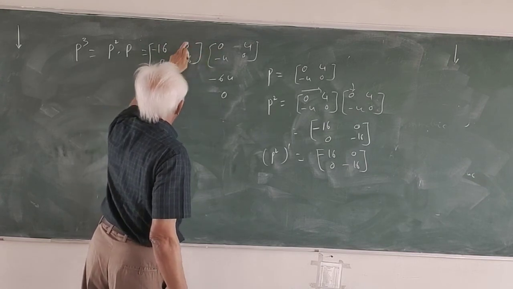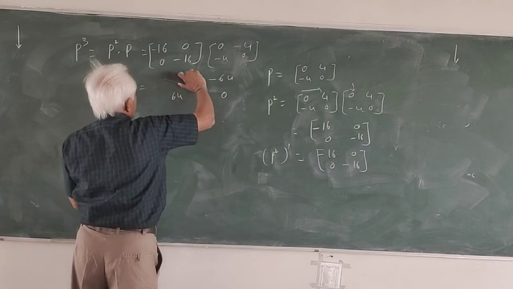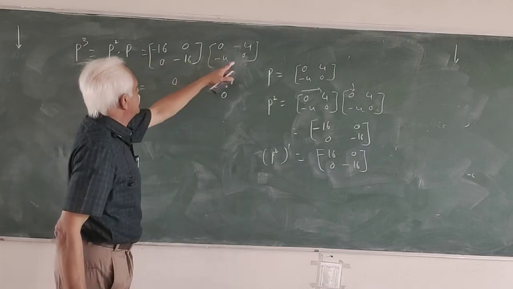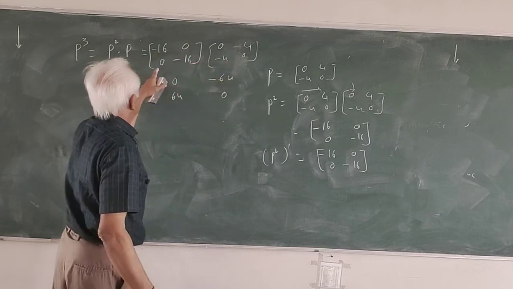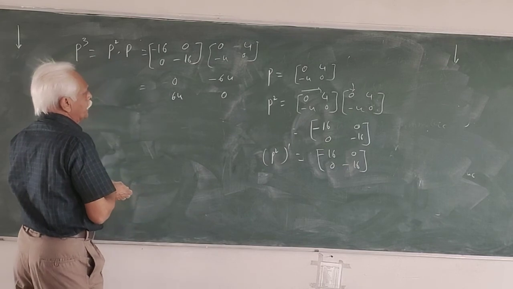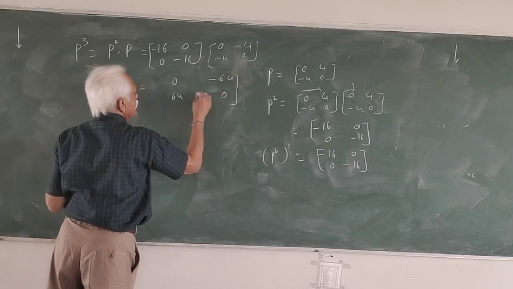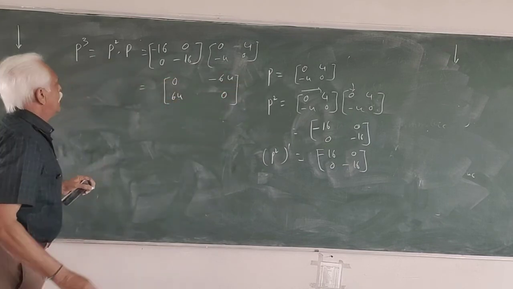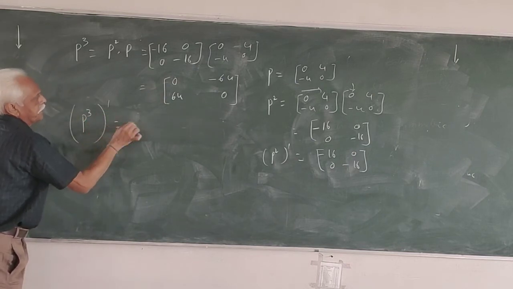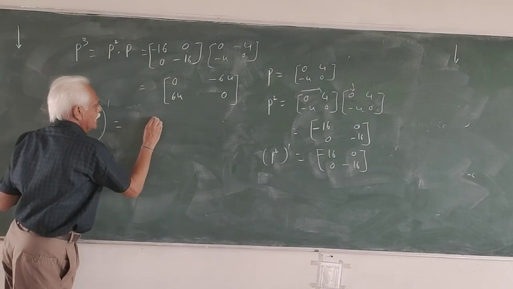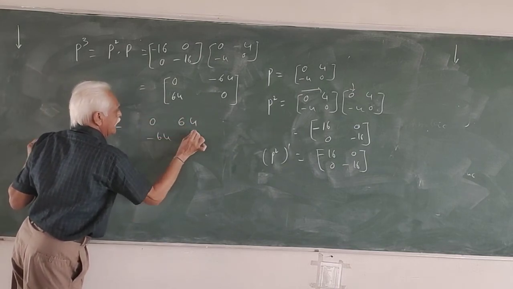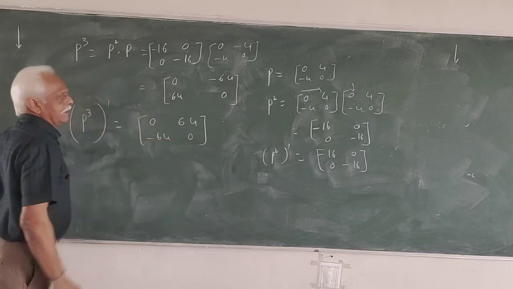This is equal to 0, minus 64, 64, 0. Now this is P cube. P cube whole transpose means we will be getting 0, 64, minus 64, 0.